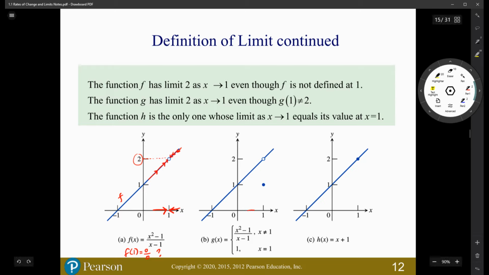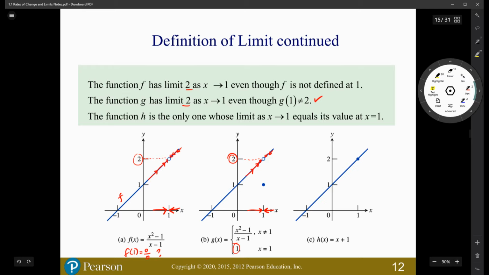So again, as x gets closer and closer to 1, what happens? The y value seems to approach the exact same number, 2. So this limit would be equal to 2, even though g of 1 is 1. Just as we're pointing out here, g of 1 is not 2, but the limit is 2, just as it was in part A.